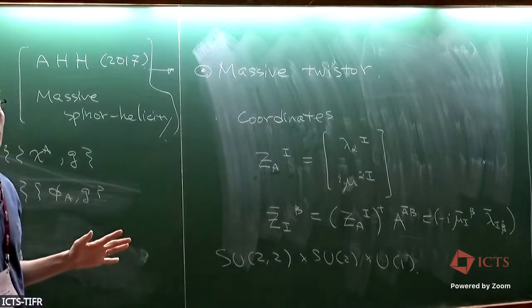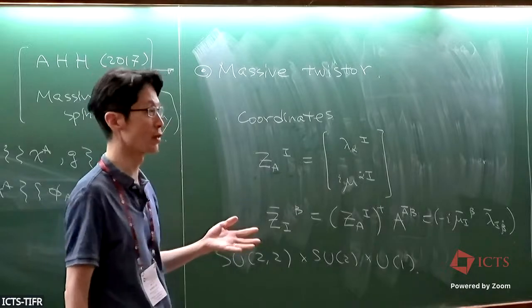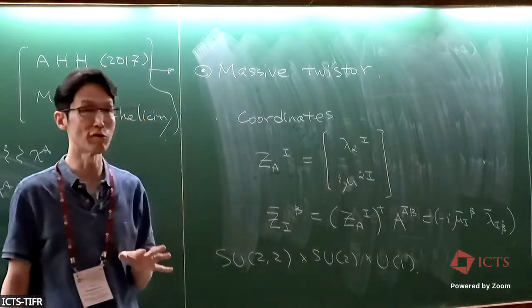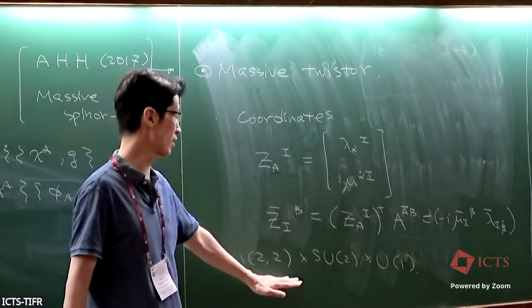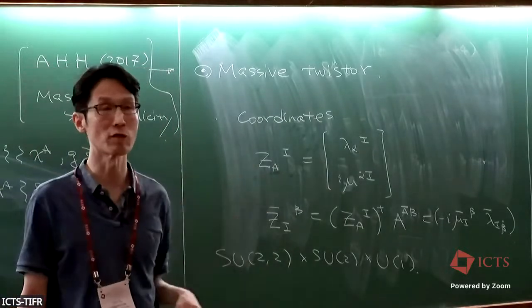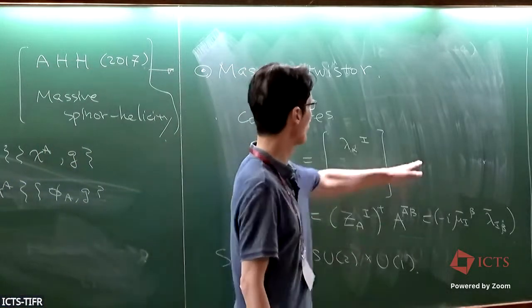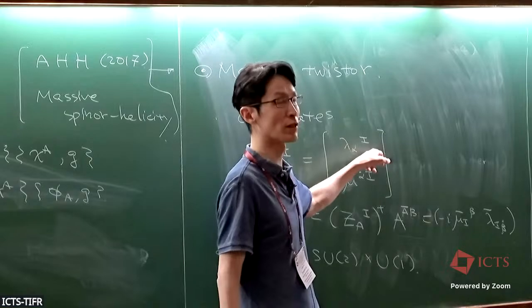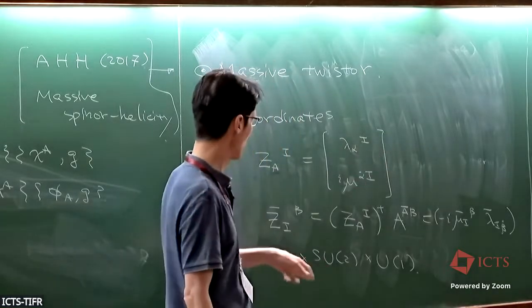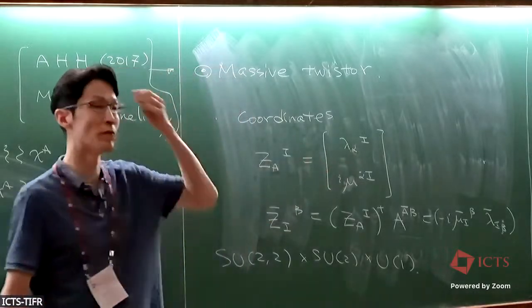And anyone who studied the conformal symmetry of Minkowski space, I mean (1,3)-dimensional Minkowski space, recognizes this SU(2,2) as the conformal symmetry of Minkowski space. This SU(2) acts on the right on this capital IJ index. And U(1) is the overall phase of this complex variable.